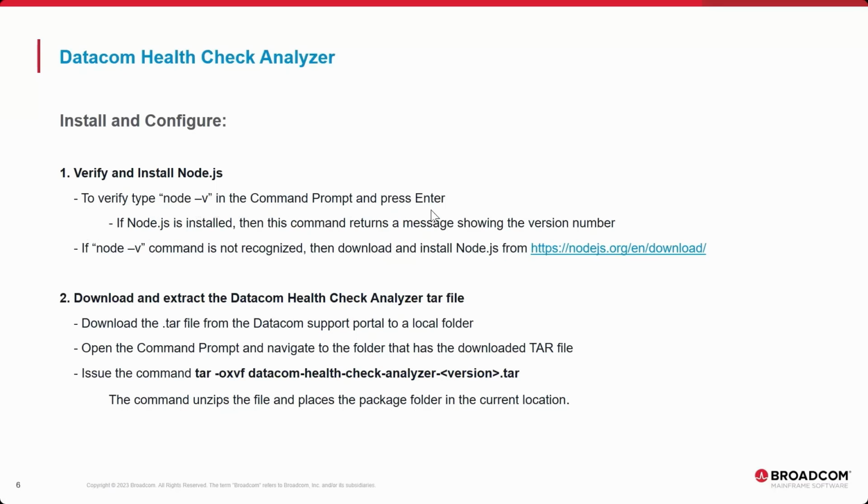If the Node.js is already installed on our system, then it shows a message with the version number. If the node -v command is not recognized, then we need to download and install Node.js from the nodejs.org/download site.